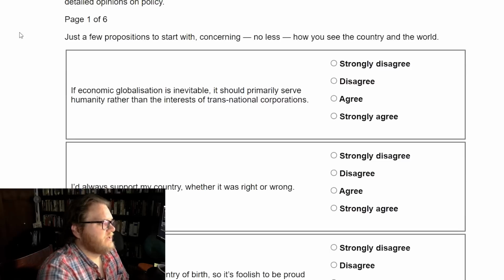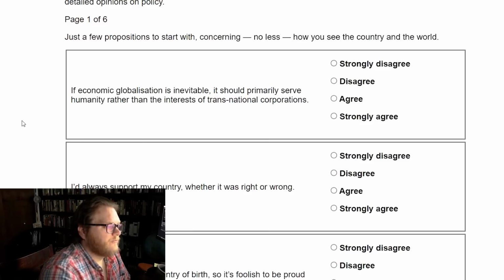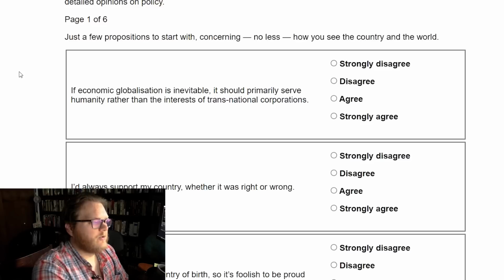All right, first question. If economic globalization is inevitable, it should primarily serve humanity rather than the interests of transnational corporations. Now, once again, you can tell the mindset behind the people writing this. There are these people who think, quote unquote, corporations aren't people, or that people are more important than other things. They completely disregard the concept that what's good for corporations can in fact be good for people, since corporations are made of people and they pay people.